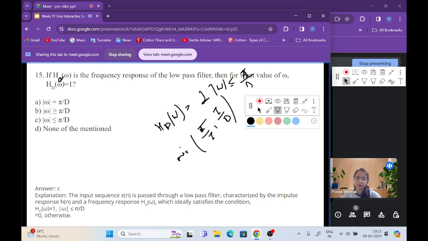If only interpolation is given, then Sd of omega must be 1 for values of omega less than pi by I only.